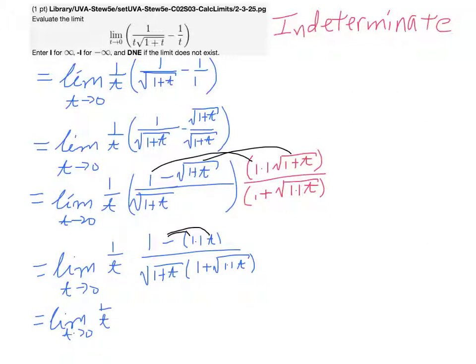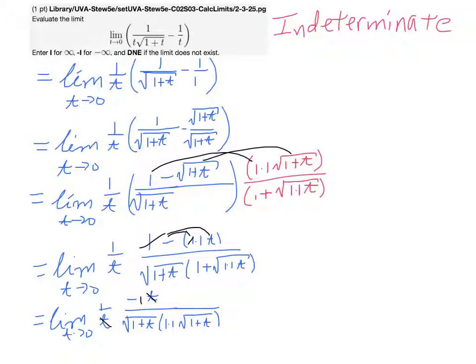I get a 1 minus 1, so these 1's are going to end up canceling. And I'm left with a minus t in the numerator. And in the denominator, I'm just going to leave that expression alone because I've just eliminated the terms that made this limit indeterminate. These t's cancel, and I just get a minus 1 on the top.